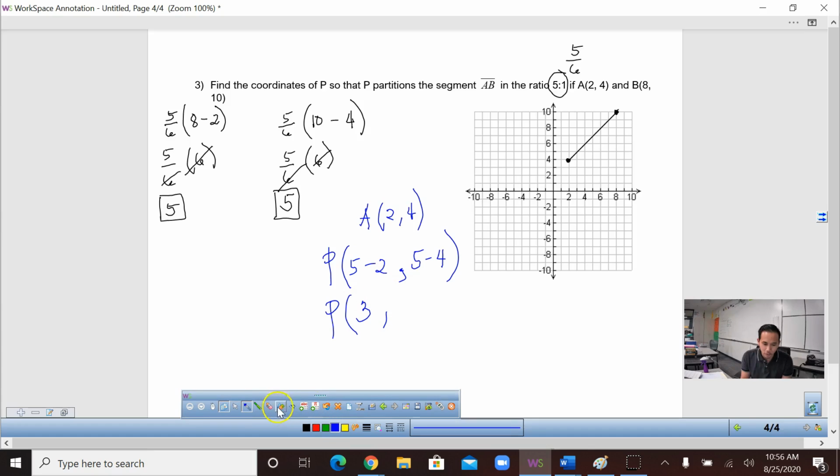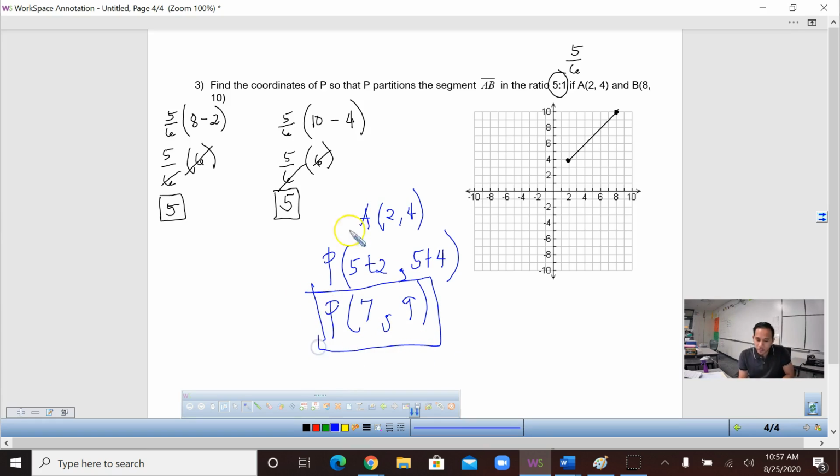Sorry, I got confused with the subtraction. We're not subtracting, we are adding on the second part. So 5 plus 2 is 7, and 5 plus 4 is 9. So the point will be (7, 9).